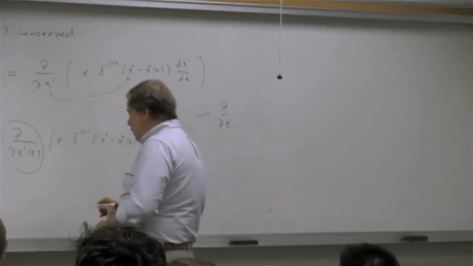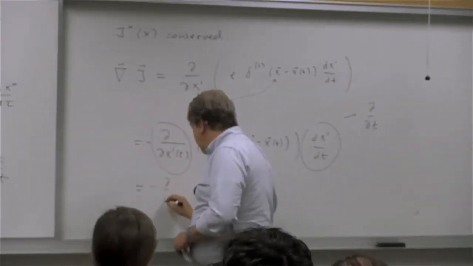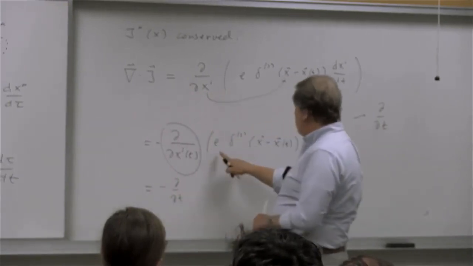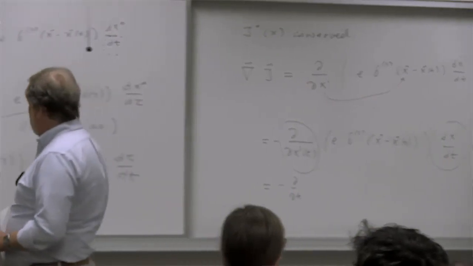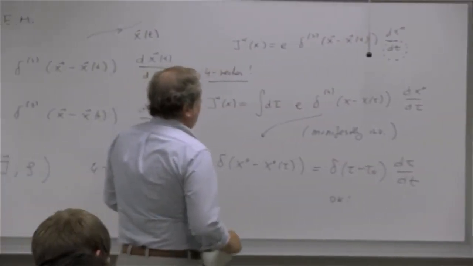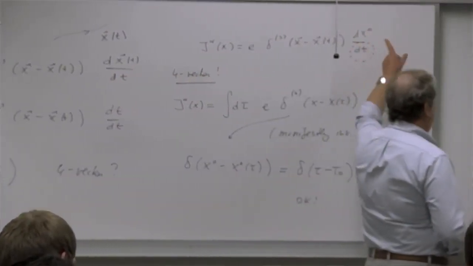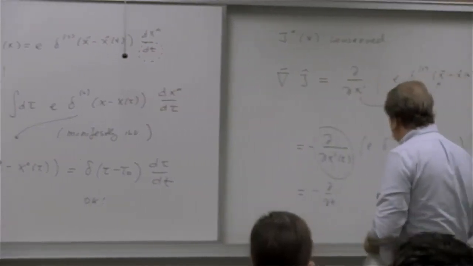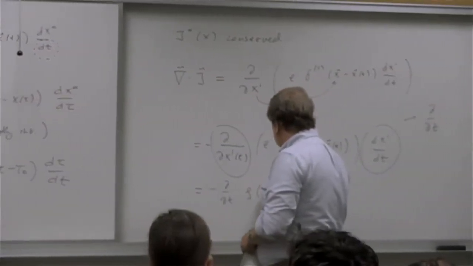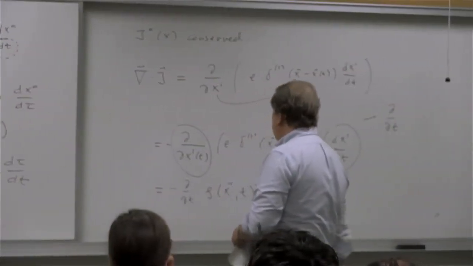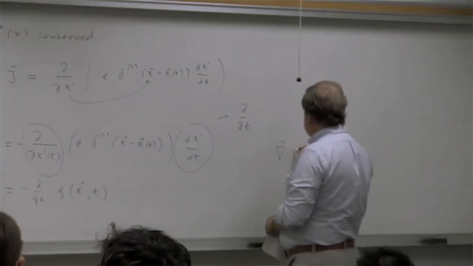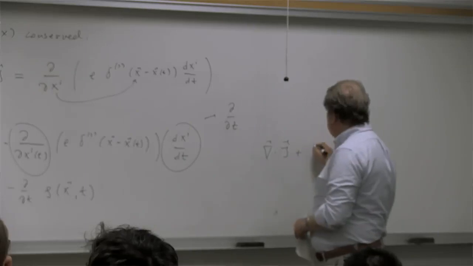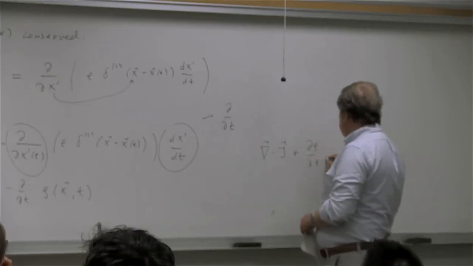So this is equal to minus d by dt of what's left over, which is of course this piece here, and that piece is the rho, because the rho is just the zeroth component. And so we have the continuity equation that divergence of J plus d rho by dt is equal to 0.